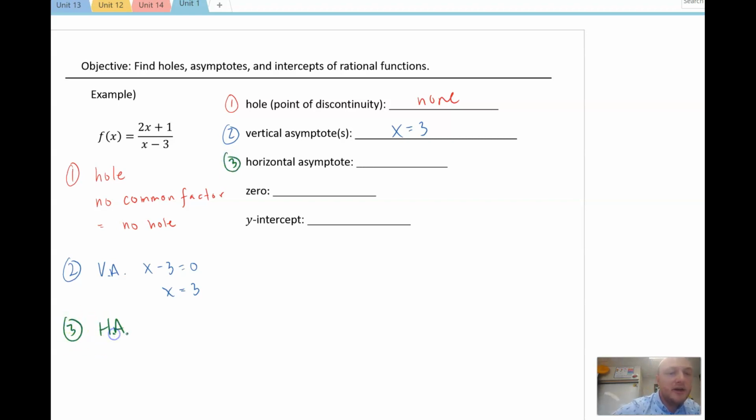I'm going to take my leading terms, 2x over x. If we reduce this, this gives us 2. So y is equal to 2. That is our horizontal asymptote.